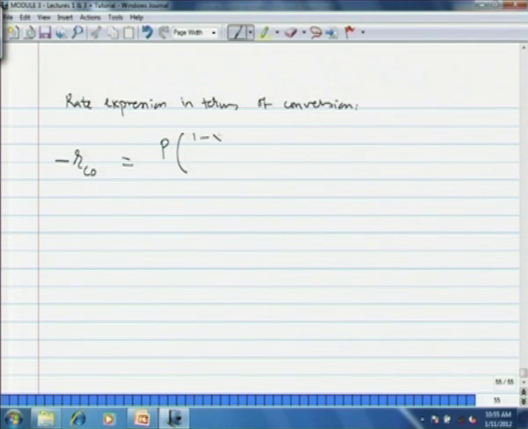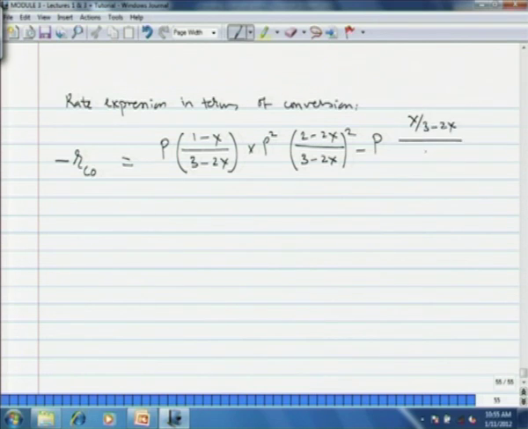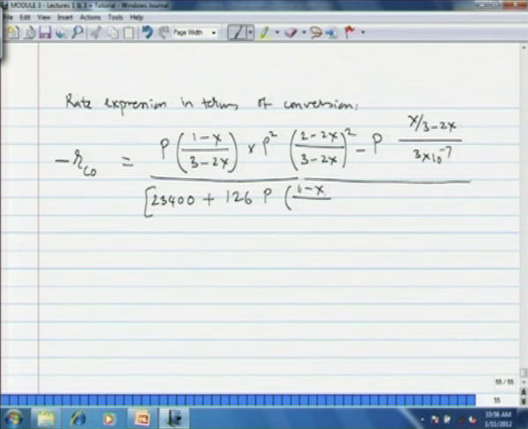Carbon monoxide 1 minus x divided by 3 minus 2x, into hydrogen fugacity p square, total pressure square, (3 minus 2x) squared, minus the equilibrium x divided by 3 minus 2x, divided by the equilibrium constant 3 into 10 to the power minus 7, and the whole expression divided by the constant A plus B into PCO, fugacity of CO, plus 47 into fugacity of hydrogen, and whole thing squared.